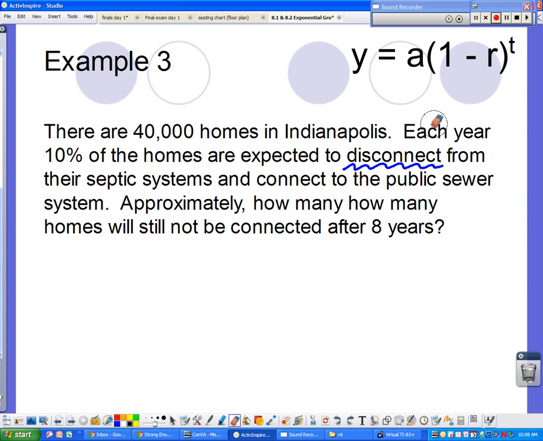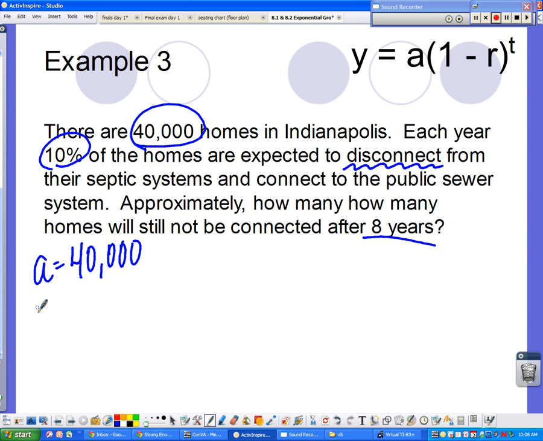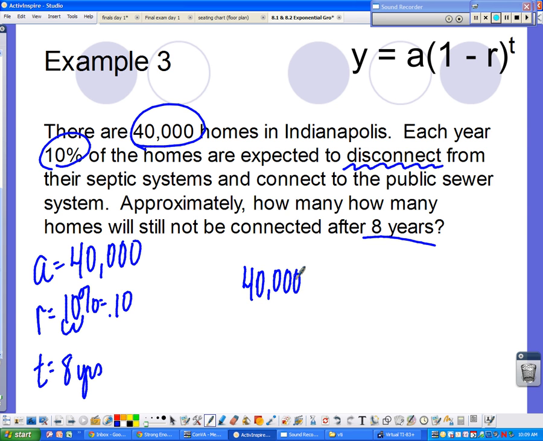So for our A, we have 40,000, 10%, and 8 years. 40,000 is our initial amount. R is 10%. Remember, we have to move the decimal point. And T is 8 years. So plug it in our formula: 40,000, 1 minus 0.10, and T is 8.